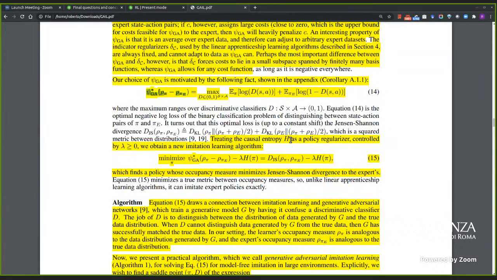The Jensen-Shannon divergence is a squared metric between distributions, defined in terms of KL divergence. So again, it's just saying that the distribution of data shouldn't differ too much.